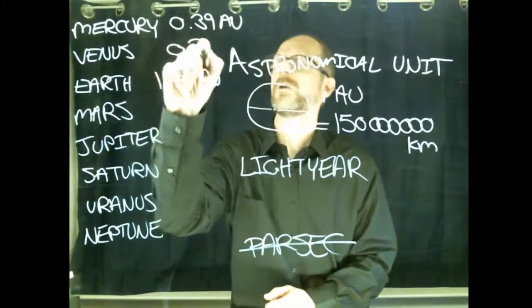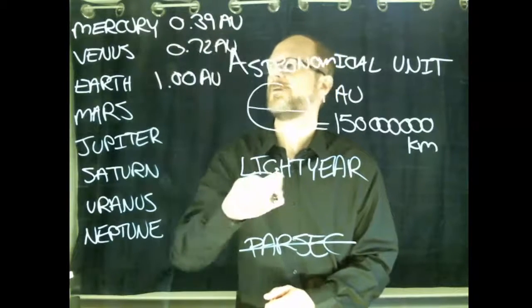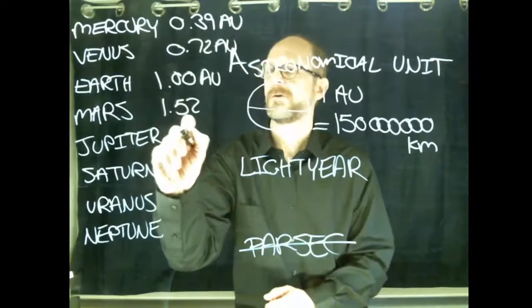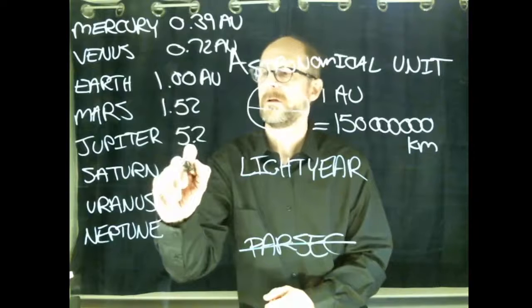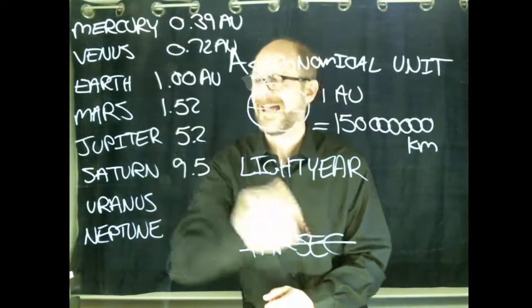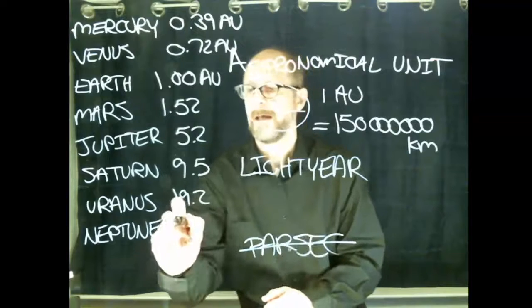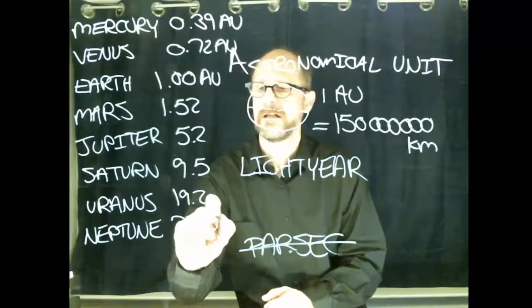Venus, it's 0.72 astronomical units. Mars, 1.52. Jupiter is 5.2. Saturn is 9.5. Uranus is 19.2. And Neptune is 30.0.